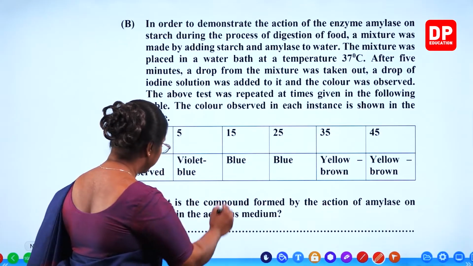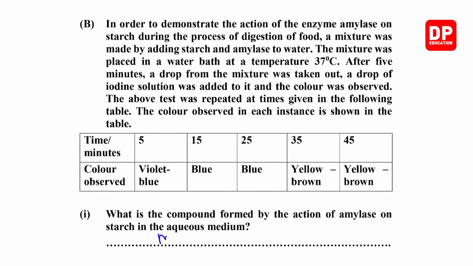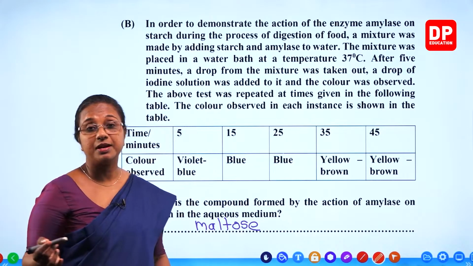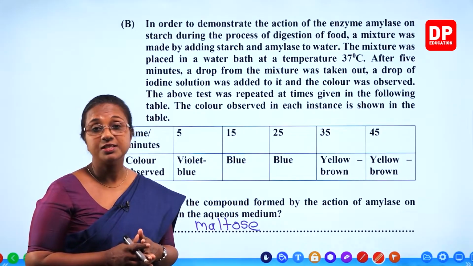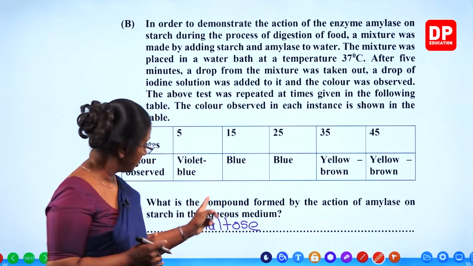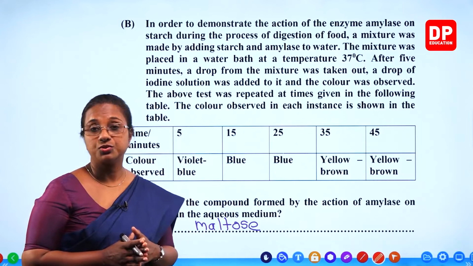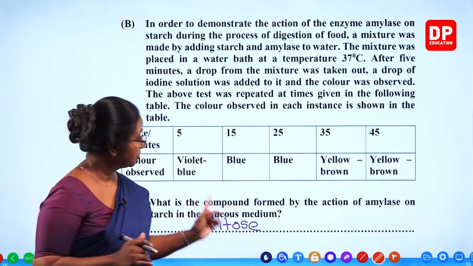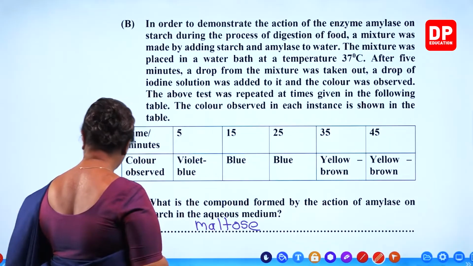You all know that. So here the answer should be maltose. Maltose is a disaccharide that is an intermediate product of the digestion of starch. When amylase enzyme acts on starch, it produces maltose. Is that clear, student? So with that, I'll move on to the next part.